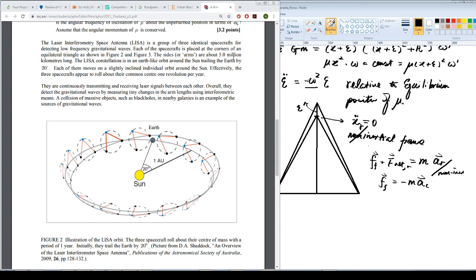So the distance between the satellites is roughly maybe 1,000 times the radius of the Earth. And the Earth-Moon distance is 60 times the Earth's radius. So these are pretty large constructs.